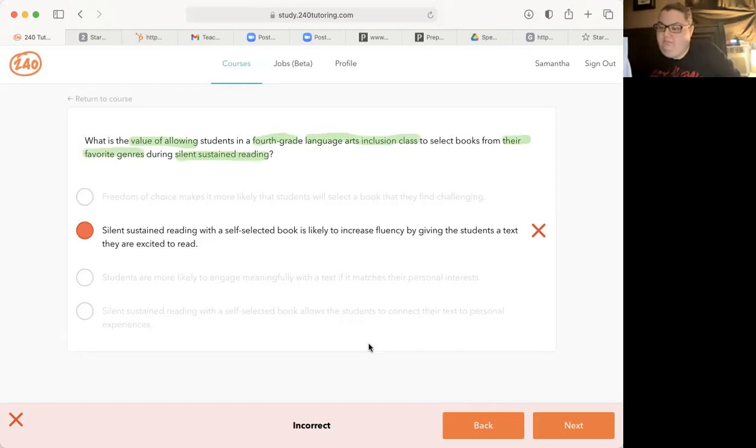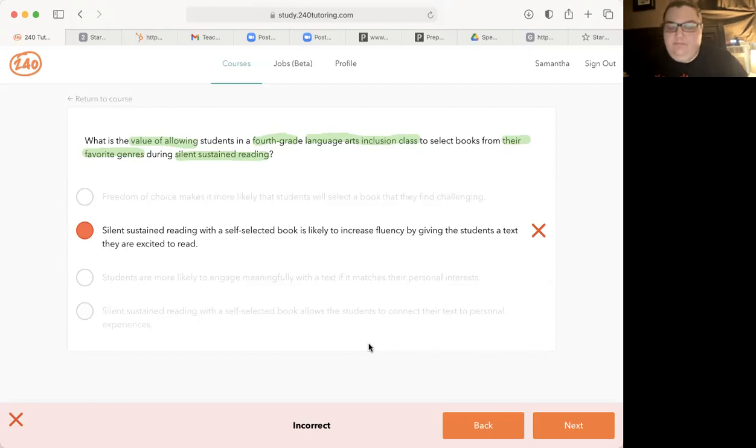Intrinsic is love of learning, natural curiosity. Those are the examples. That natural curiosity is your choice or interest in something.